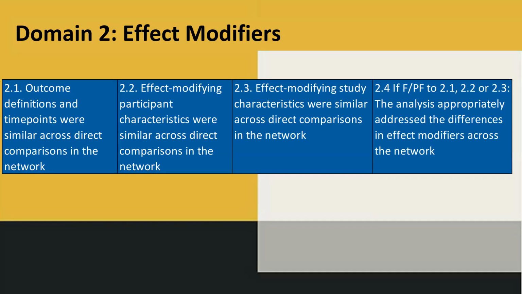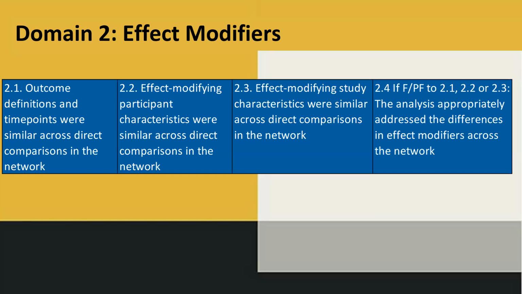For domain 2, here we have 4 items. Outcome definitions and time points were similar across the direct comparisons in the network. Effect modifying participant characteristics were similar across direct comparisons in the network. Effect modifying study characteristics were similar across direct comparisons in the network.